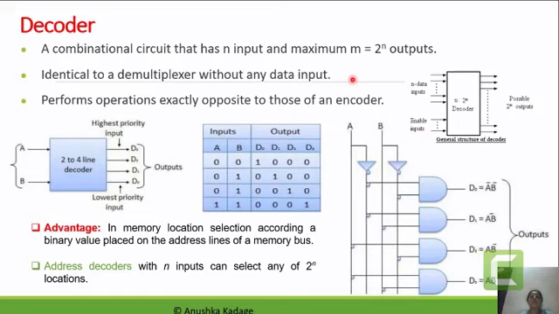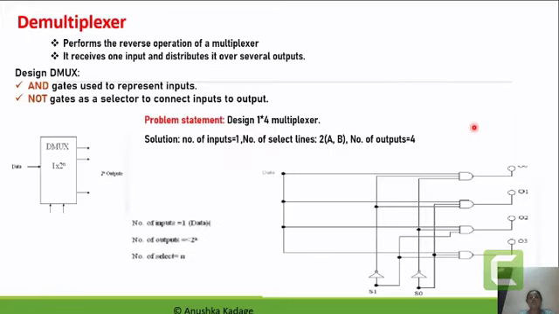Now, the decoder is generally represented as n to 2 raised to n decoder, while the demultiplexer is represented as 1 to 2 raised to n. So please remember these differences.